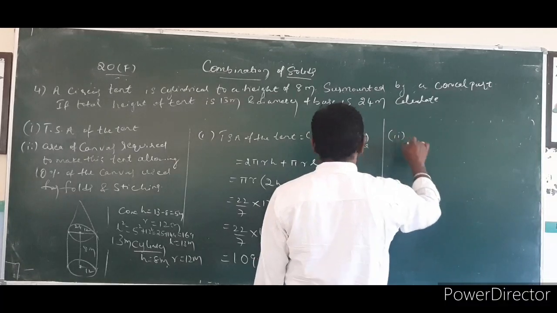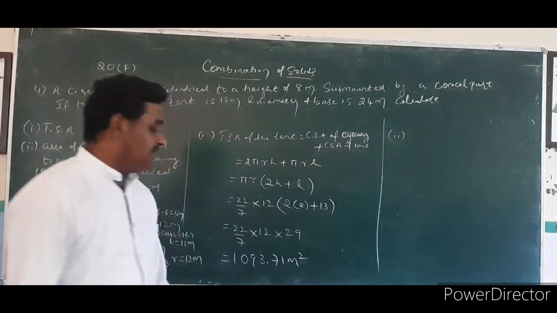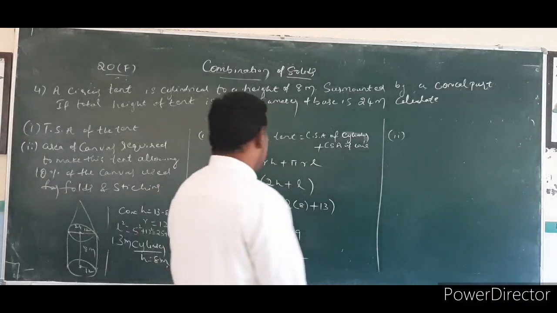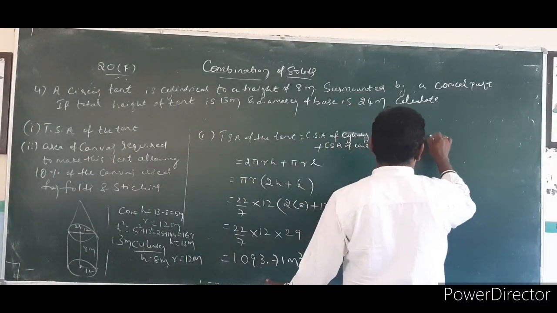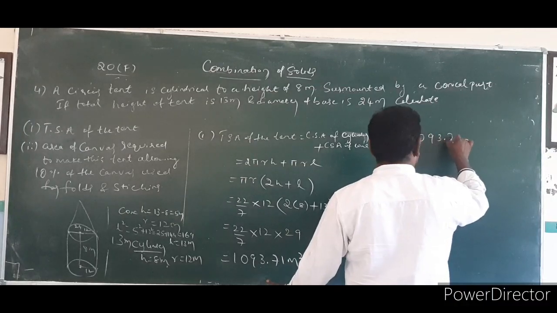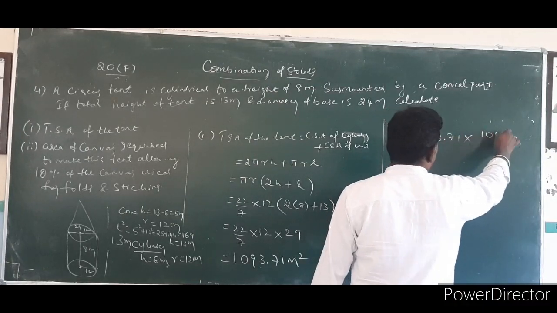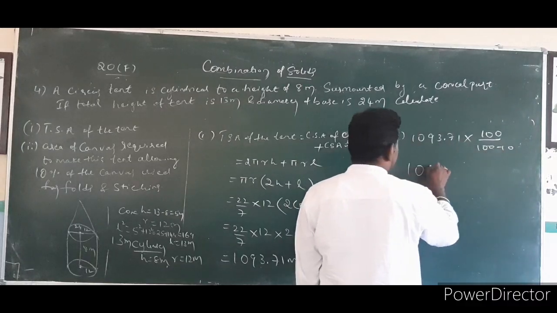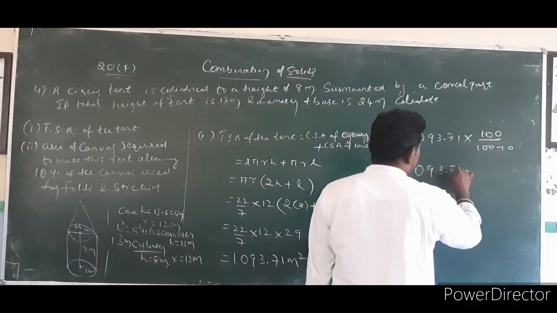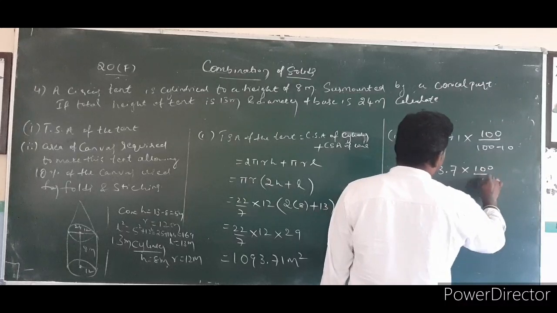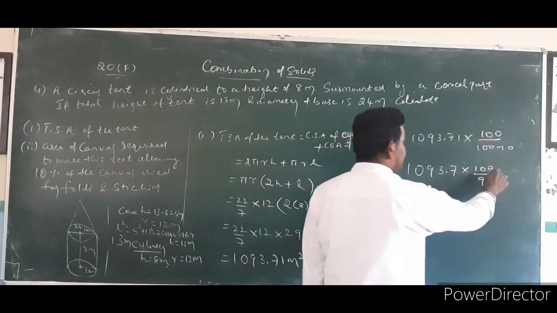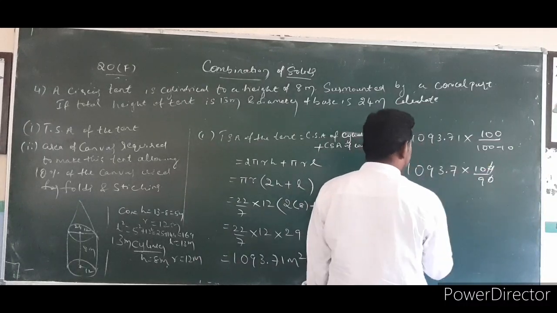Next part is 10% of this is used for stitching and folding. That is, total surface area into, in 100% they are using 10% for stitching and folding, so 100 divided by 90. You can cancel the zeros.